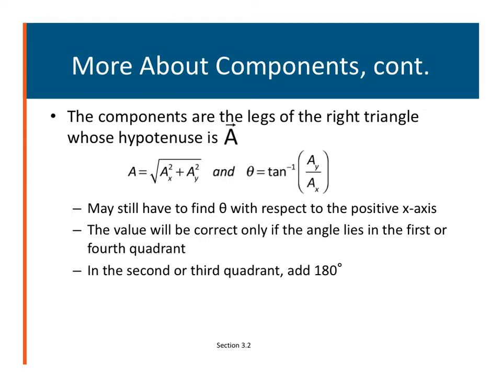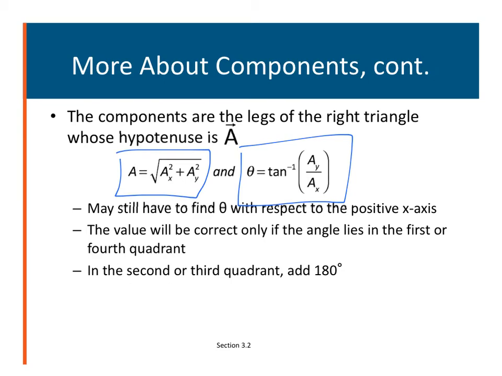A few final relationships between the components and the vector: we can use Pythagorean theorem to find the vector from its components by squaring the two components, adding them together, and taking the square root, which is just finding the hypotenuse of a triangle. And we can find the angle of orientation by using arctangent of the y component over the x component.